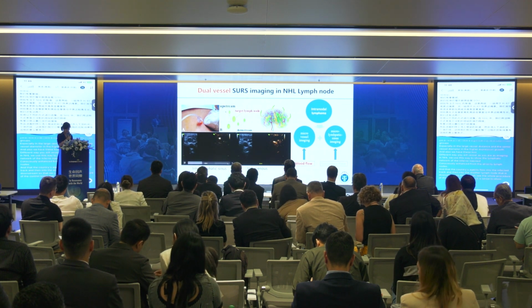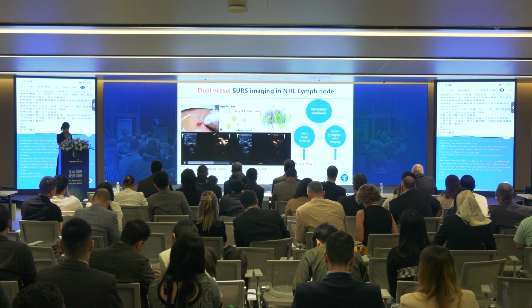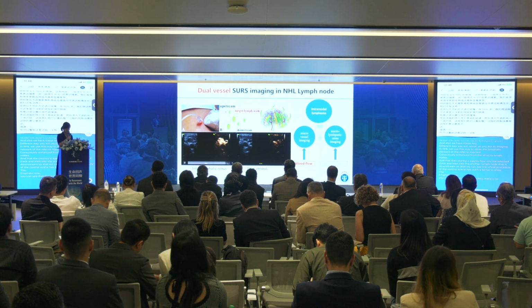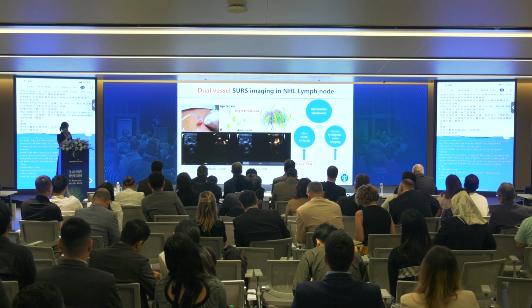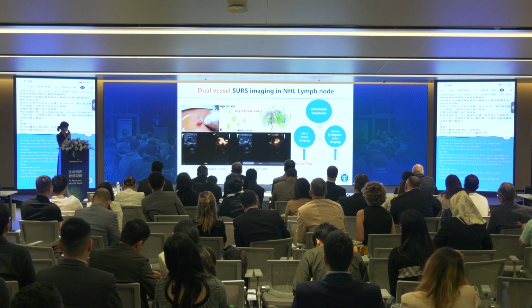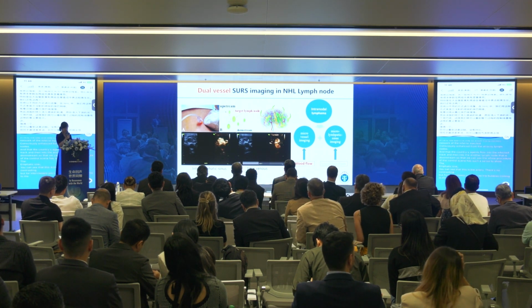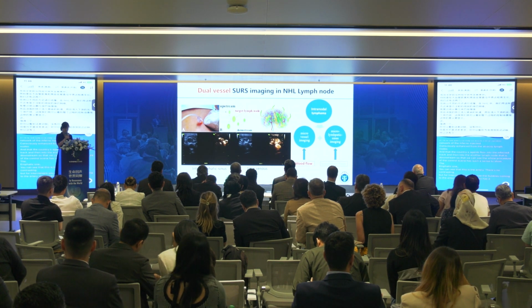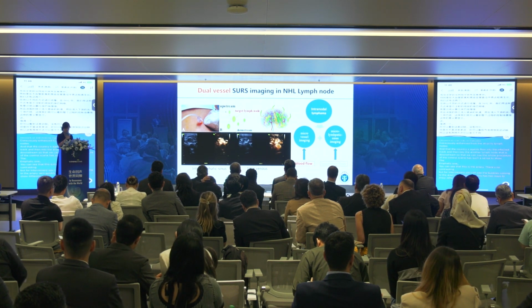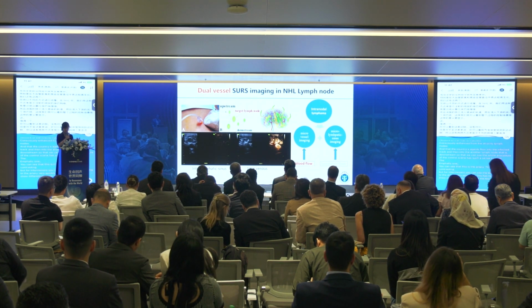You can see that this is the artery. There's no contrast enhancement here, but with intravenous injection, you can see the bubbles coming to the artery very quickly. So this has two ways to show different networks. One is for the blood flow, another is for the lymphatic flow.